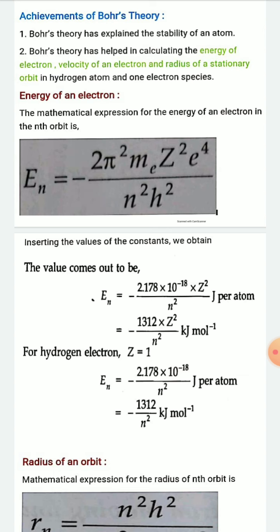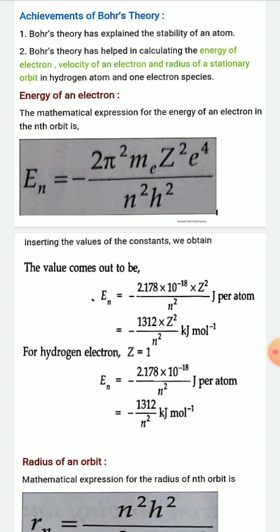Now you know that mass of electron, that is me, and charge of electron, that is e, and Planck constant, all these are constant, and inserting the value of these constants we obtain the value of energy.